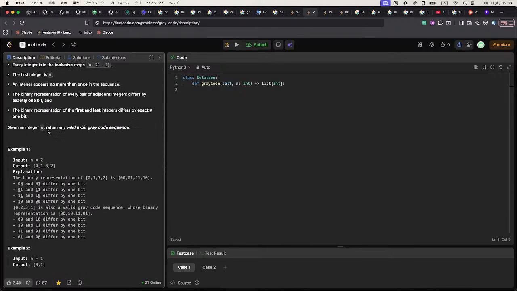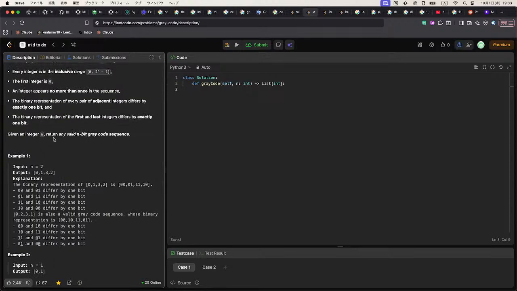And we return any valid n-bit gray code sequence, so there might be several valid gray code sequences.